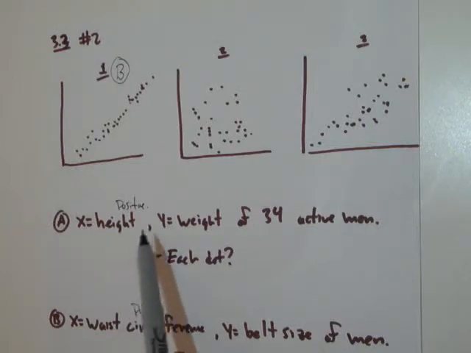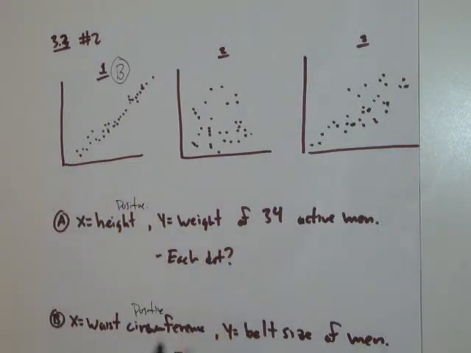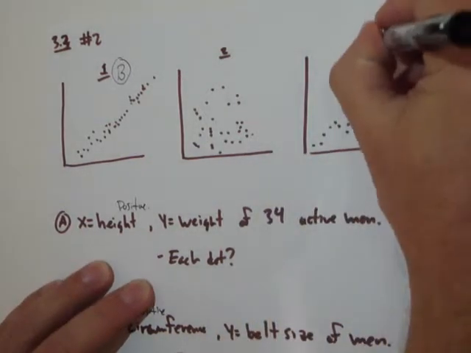You could have a very short person that weighs a little more, but not so much flexibility in the waist and the belt size. If you have that size waist, you have to get that size belt. Not so much the case of if you are this tall, you have to weigh this much. So I think there's a little bit more gray area in this scenario. So I'm going to say this one is A.